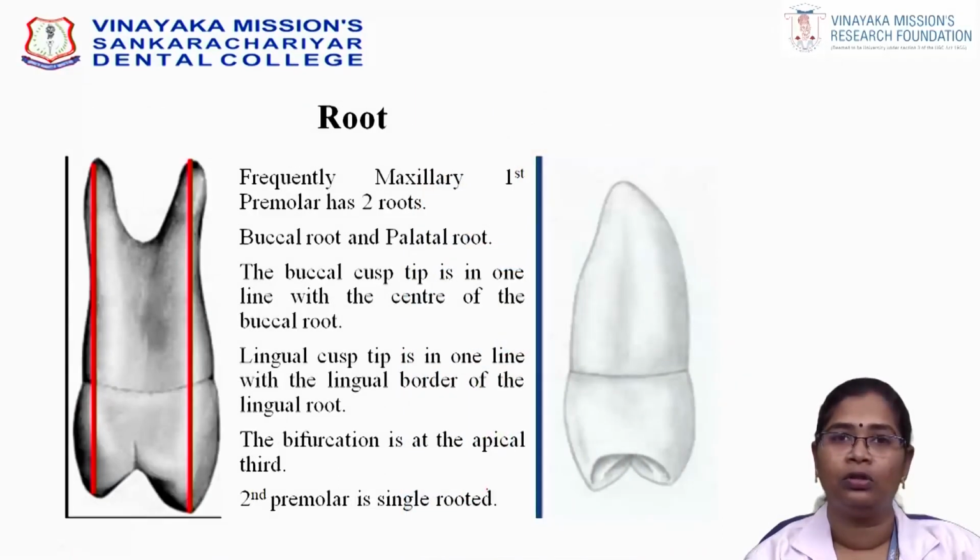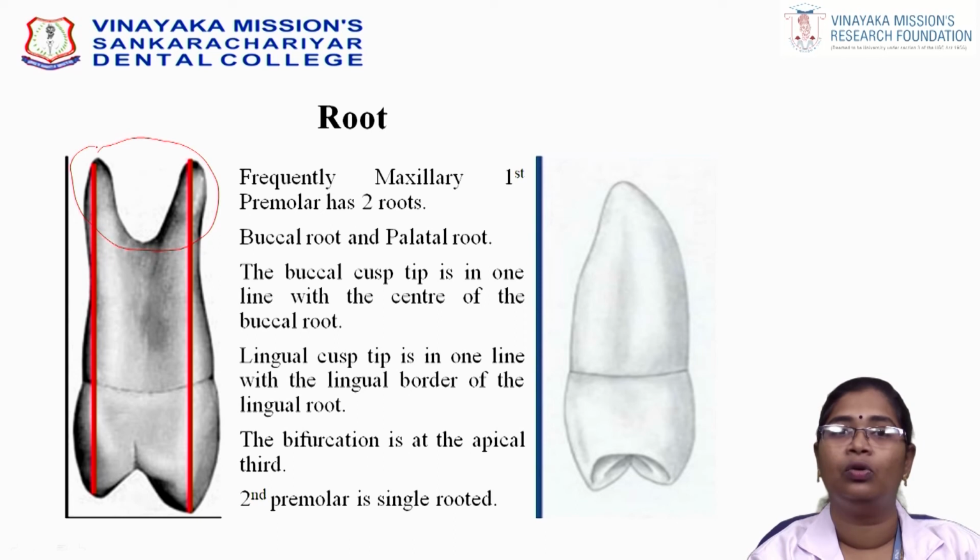Coming to the root, the most important factor in case of a maxillary first premolar is that it is bifurcated, and the bifurcation is mostly on the apical third of the root. As you know, the tooth root is divided into three components: cervical third, middle third and apical third.